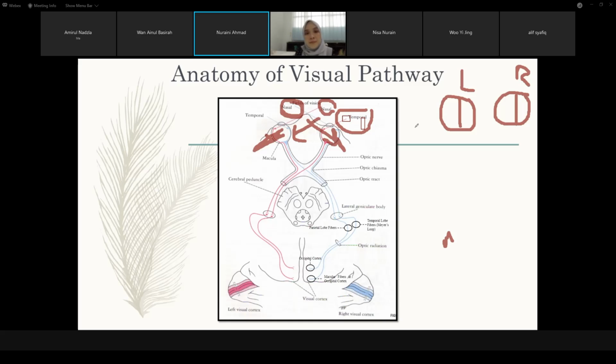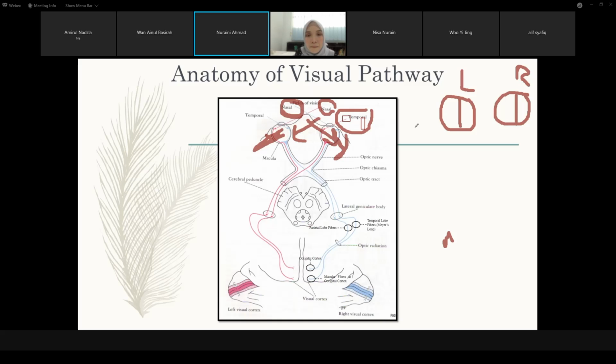Okay. Lepas tu, kita punya temporal retina akan turun ipsilaterally. Kita fokus on the right eyeball lah. Temporal retina fibers kita akan turun on the same track.